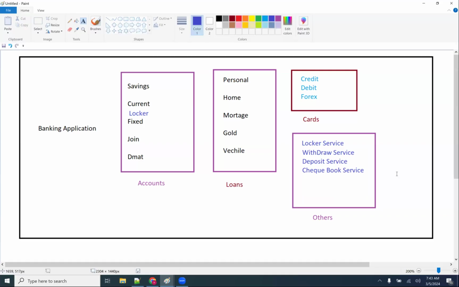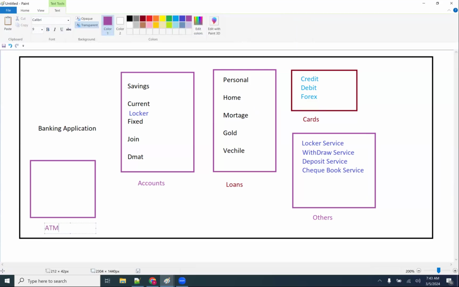Right, now I need one more separate thing: ATM is a separate capability. I can write a separate box here, that is ATM service. It's a separate thing altogether. Why? It is not related to any of these things here.